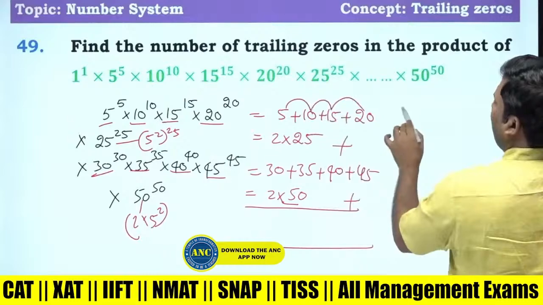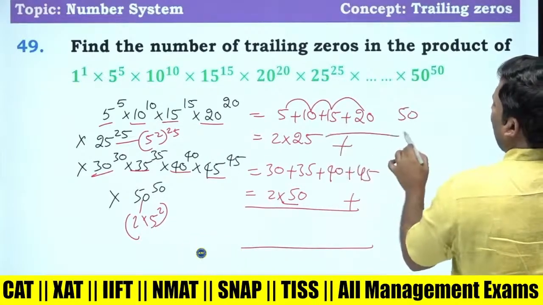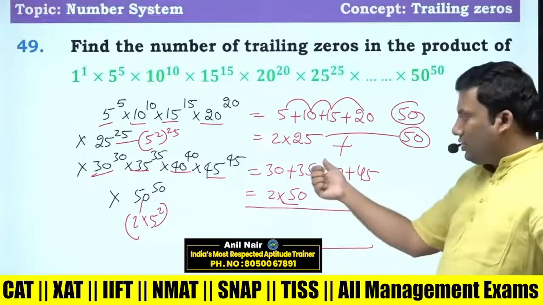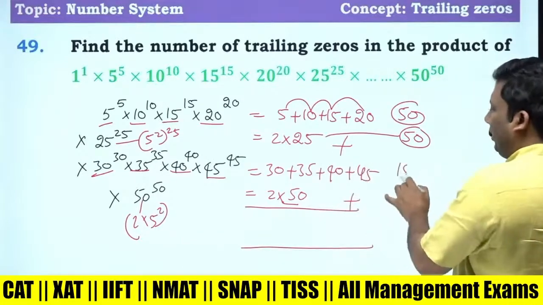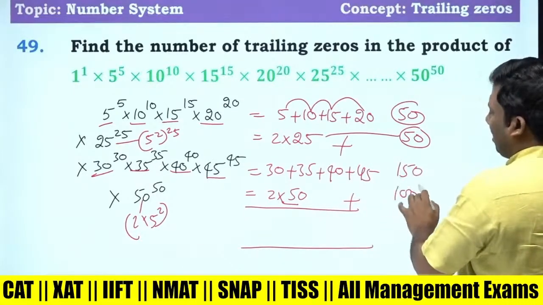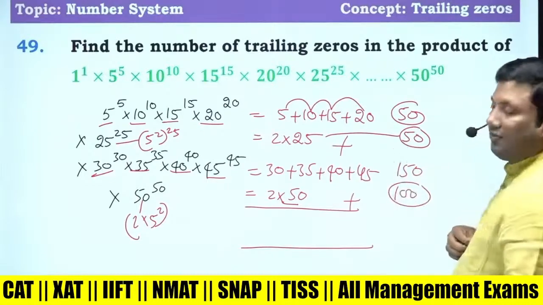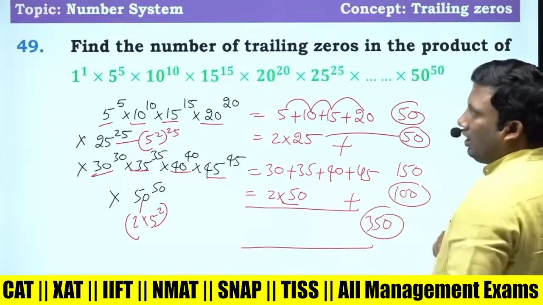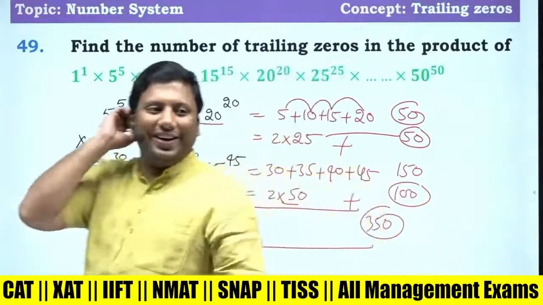15, 30 plus 20, it is 50. Here also it is 50. 50 plus 50, 100. 80 plus 70, 150. 250s are 100. So the answer is 150 plus 100, 250, 250 plus 100, 350. Number of zeros. Is the idea clear?